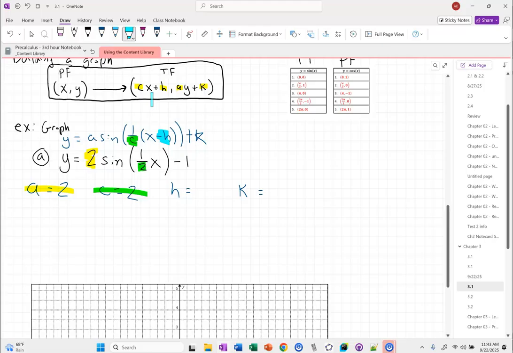Zero is correct, right? Because there's nothing over here. So you can just think about like a minus 0 in there. That's correct. And Kara, can you tell me the k? Negative 1. Yep.